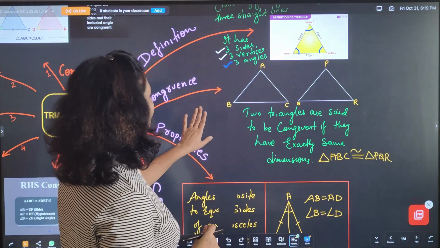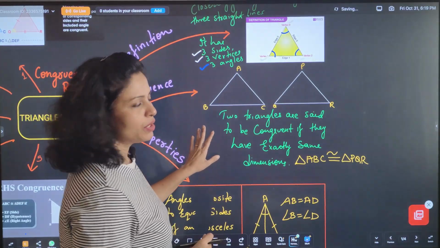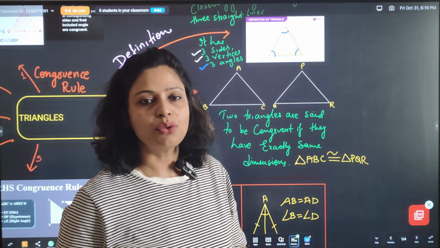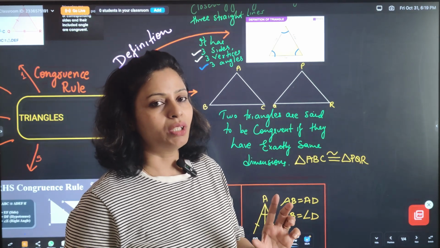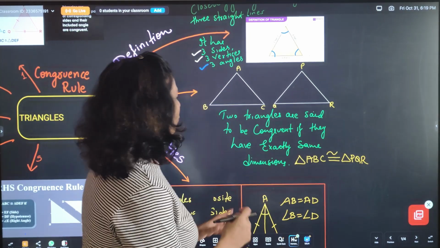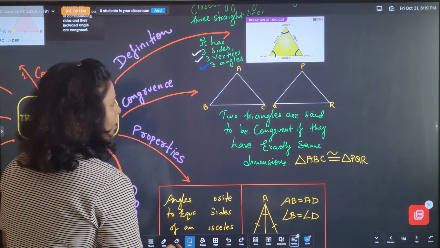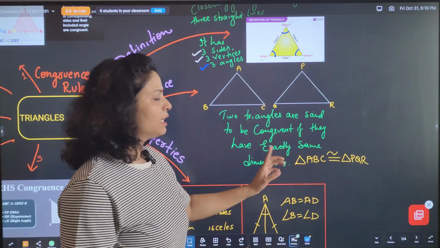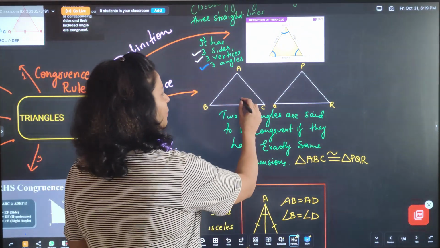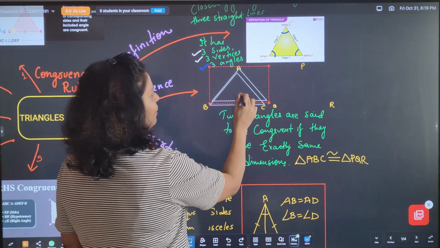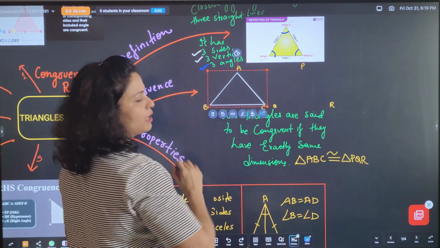Then we studied the congruence of the triangle. Before studying the congruence rules, I explained to you about the congruent triangles. So what are congruent triangles? Two triangles are said to be congruent if they have exactly the same dimensions. That means if I have drawn these two triangles, this triangle will exactly fit into this triangle, right?